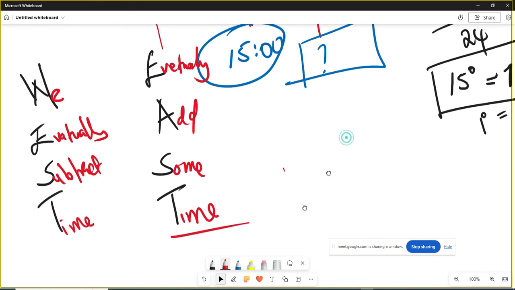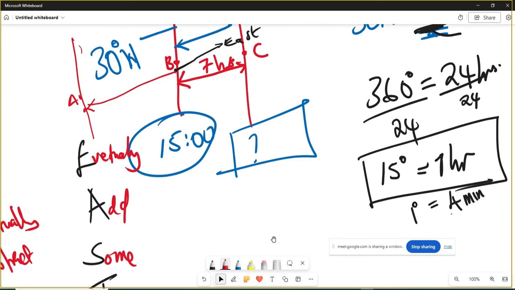So now, what are we supposed to do in this case? The time at B is 15 hours. The difference in time is 7 hours, and we want to find the time at C. To go from B to C, we are going toward the east, so we need to add. We add 15 hours plus 7 hours.